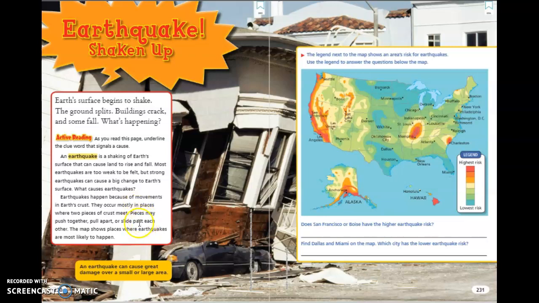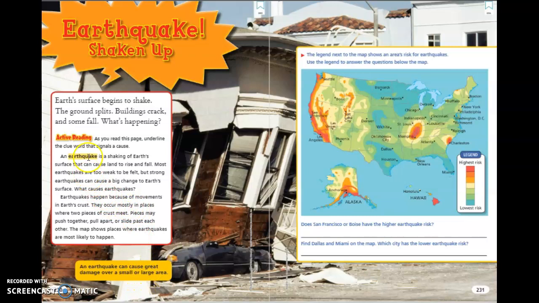They occur mostly in places where 2 pieces of crust meet. Pieces may push together, pull apart, or slide past each other. The map shows places where earthquakes are most likely to happen. Down below in the caption: an earthquake can cause great damage over a small or large area.